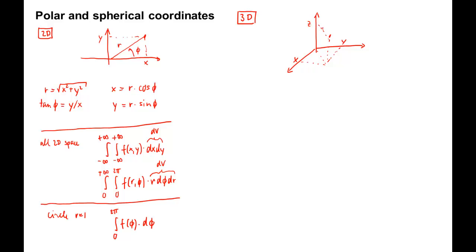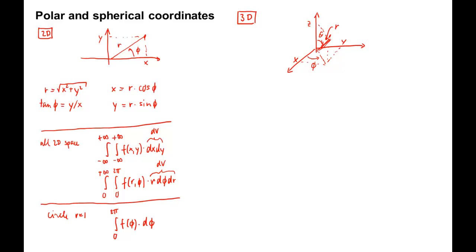The other 3D system is the spherical coordinate system, which specifies the point by its distance from the origin, r, and by 2 angles. One angle is down from the z-axis and is called theta, and the other angle is the angle between the x-axis and the projection of the r vector down into the xy plane, and it's called phi.